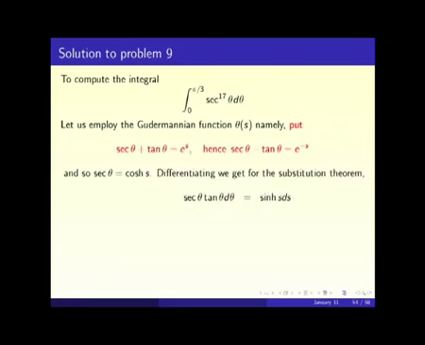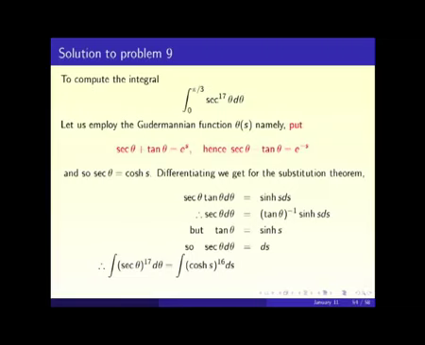So secant theta tan theta d theta will be equal to hyperbolic sine s times ds. So secant theta d theta will be hyperbolic sine s ds divided by tan theta. But tan theta equals hyperbolic sine s. Therefore, secant theta d theta equals ds.